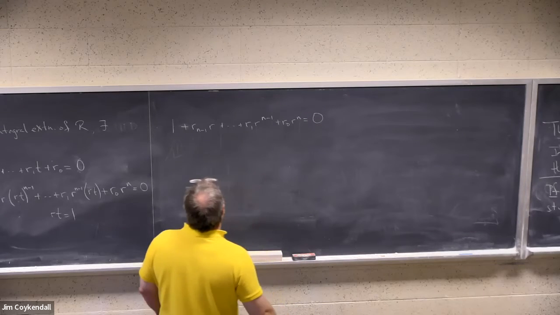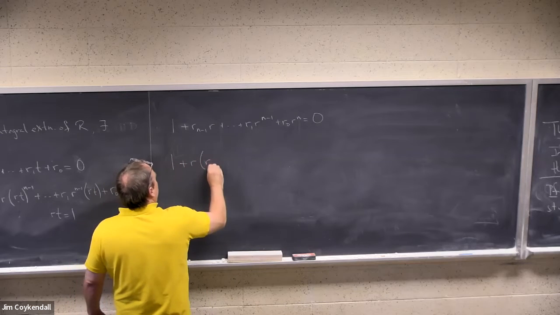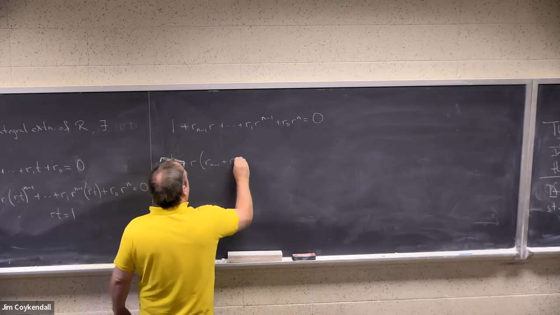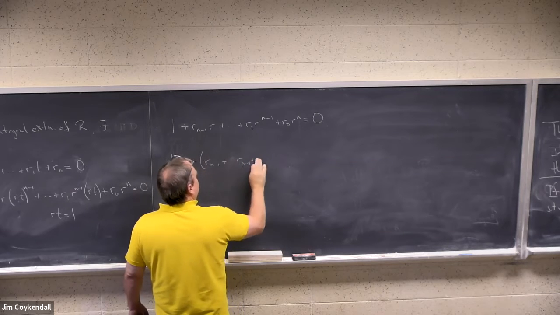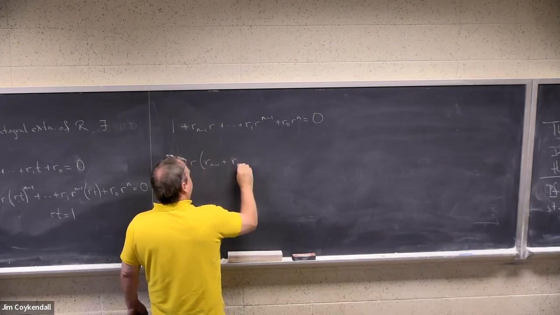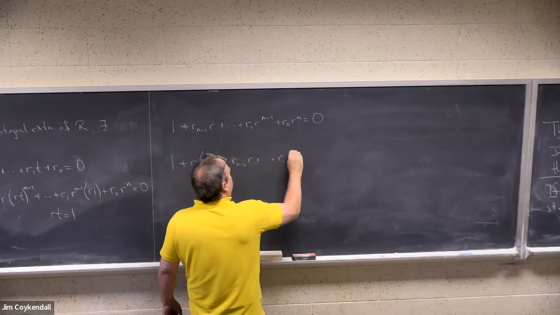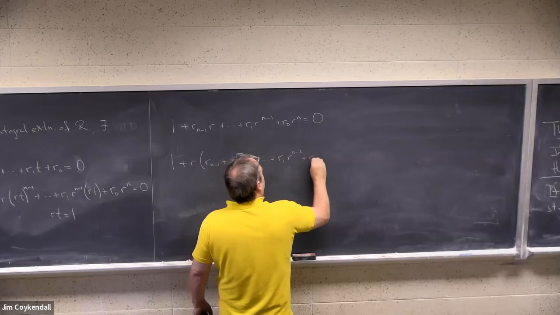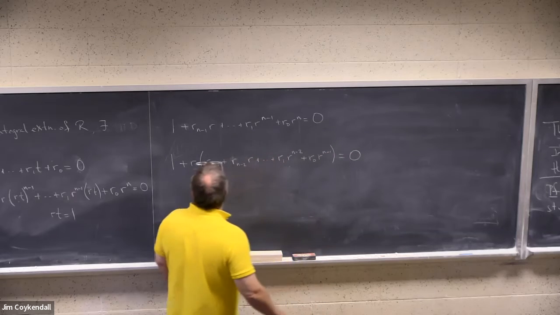And now I've totally got this thing, because one plus r times (r_{n-1} plus r_{n-2} r and so on) is zero.